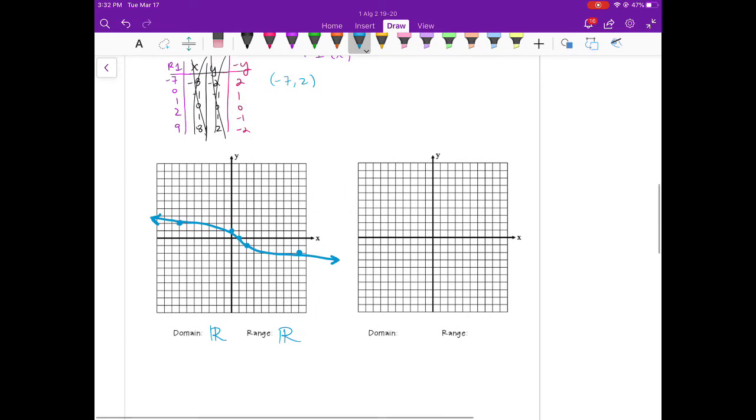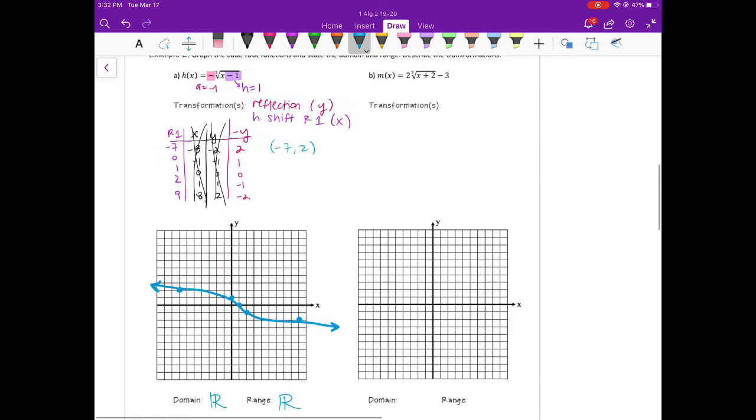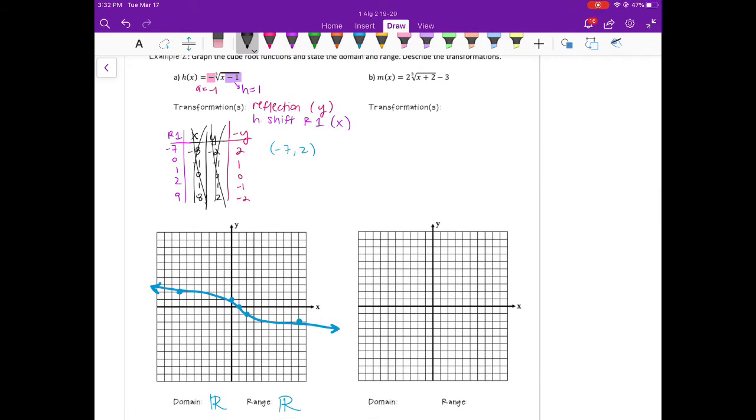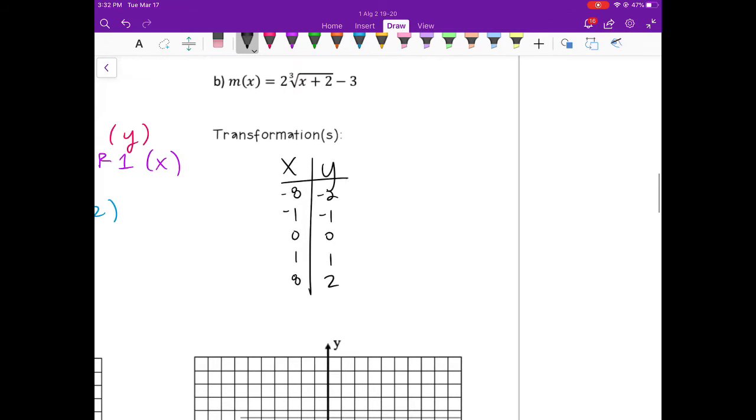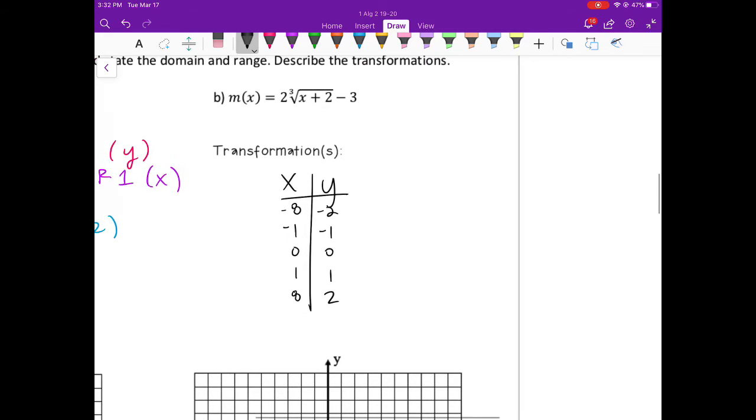So now we'll move on to our next problem. We are still going to start with those same parent points. So we have (-8, -2), (-1, -1), (0, 0), (1, 1), (8, 2). This one has all sorts of transformations happening.